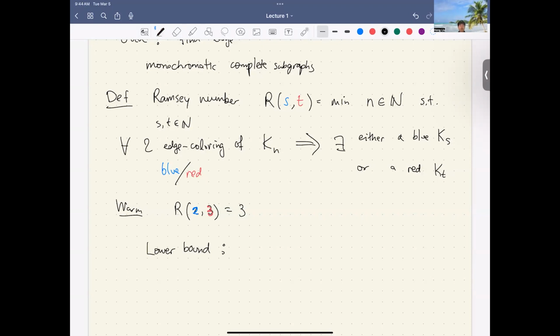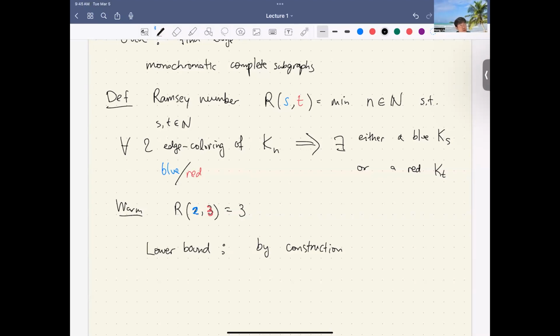You have to prove R(s,t) is bigger than something. That means you have an example witnessing that inside this 2-coloring, you cannot find the desired monochromatic structure. So your number must be bigger than that in order to force the monochromatic structure. So the lower bound is by construction. And the upper bound is by argument.